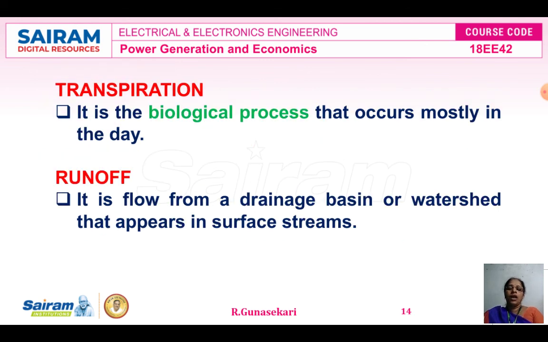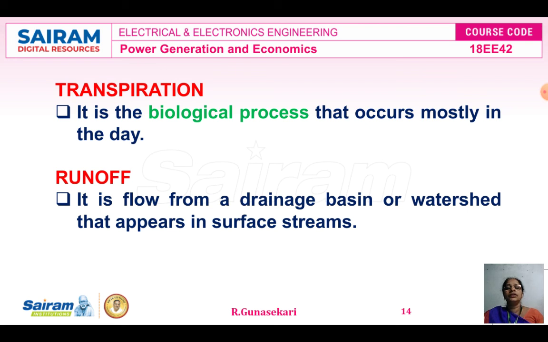Then the last terms are transpiration and runoff. The transpiration is nothing but the biological process that occurs mostly in the day. Okay, runoff. So we already know how to calculate the runoff. This is the definition. Runoff is nothing but the flow from a drainage basin or watershed that appears in the surface stream only.